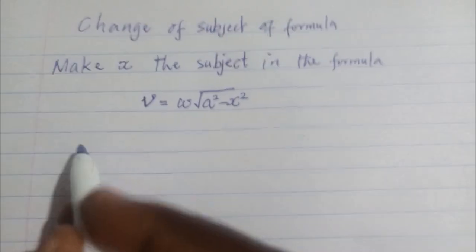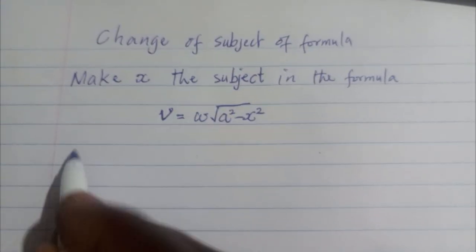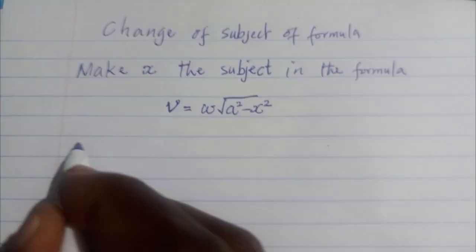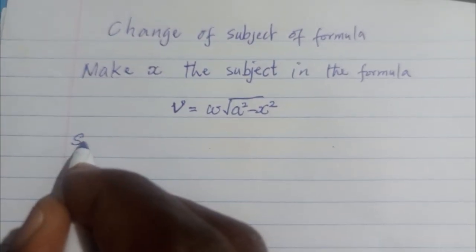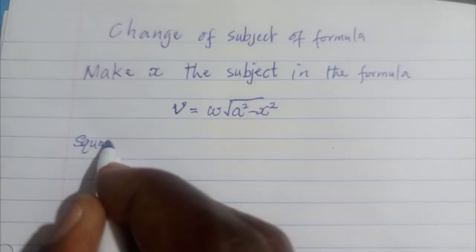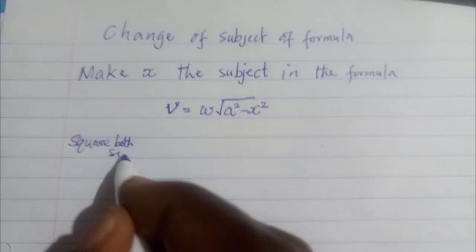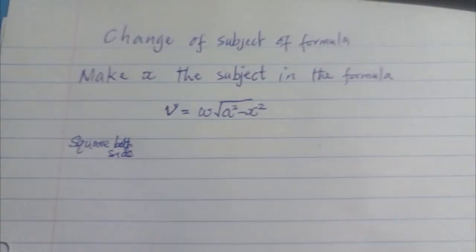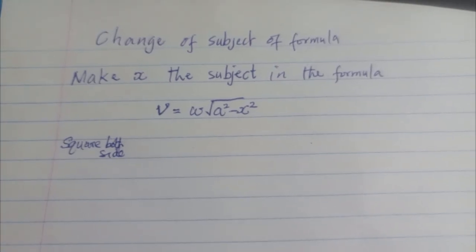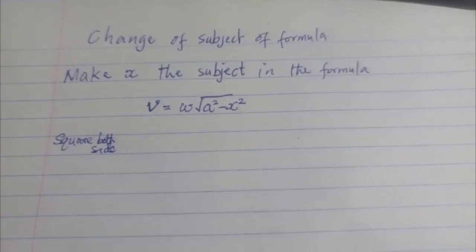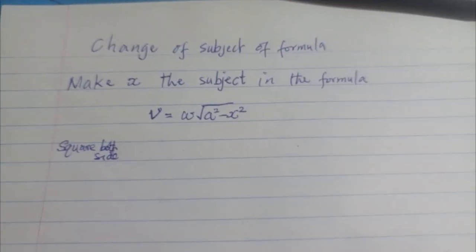So the first step would be to square both sides. The reason is that we want to do away with the root sign. Remember, our x is under the root and we have to free it. So how do we do it?